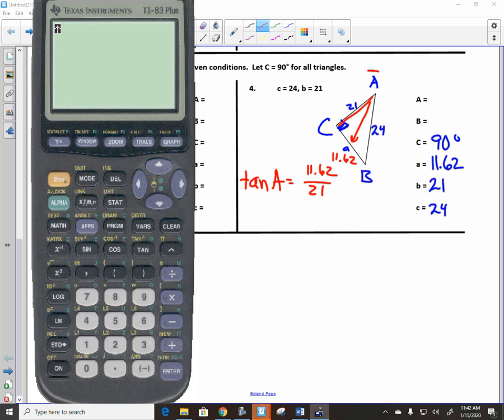So I inverse tangent 11.62 divided by 21. Get a grand total of 28.96 degrees. And if you go ahead and subtract that from 90, you get your other angle of 61.04.